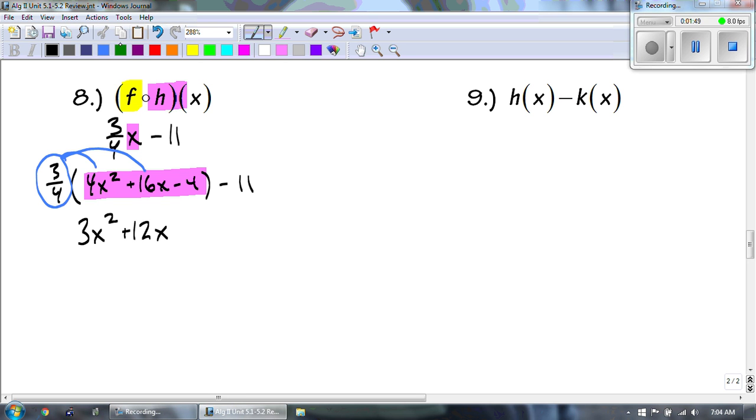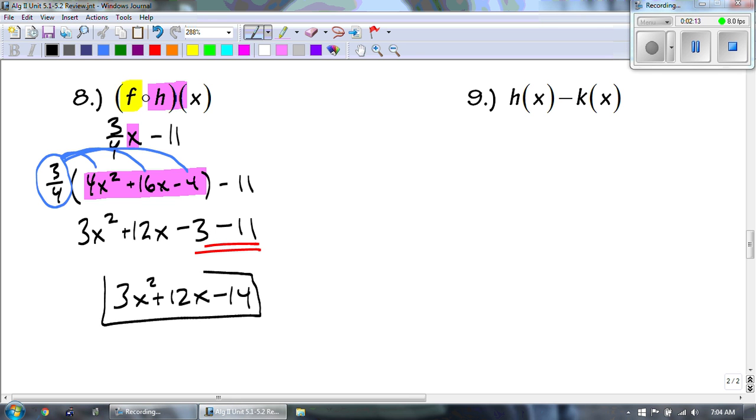See, we can do this without a calculator. 3/4 times 4 is 3, and this time it's a -3, minus 11. And then we combine our like terms, and we get 3x squared plus 12x minus 14 is our final answer.